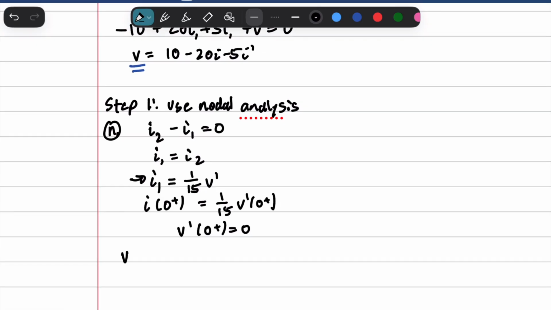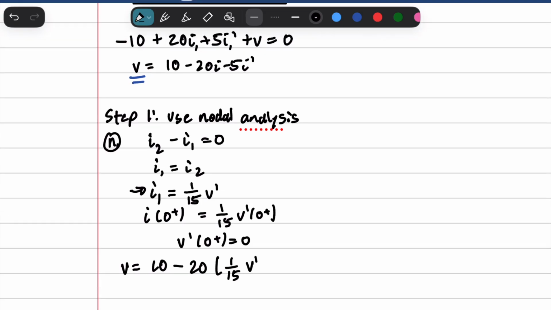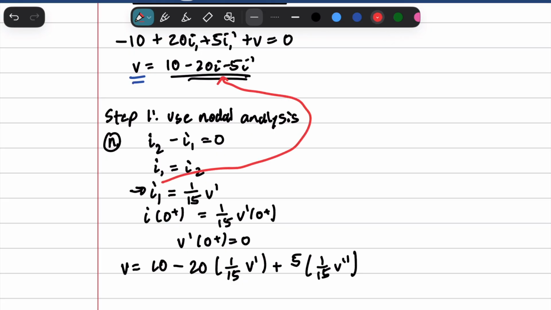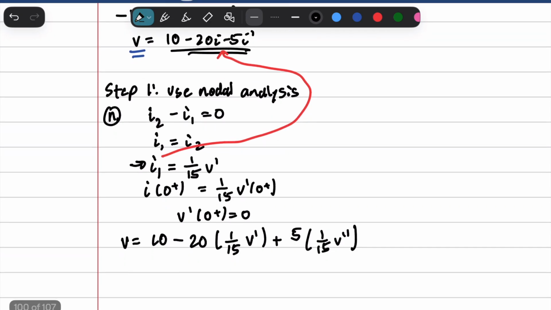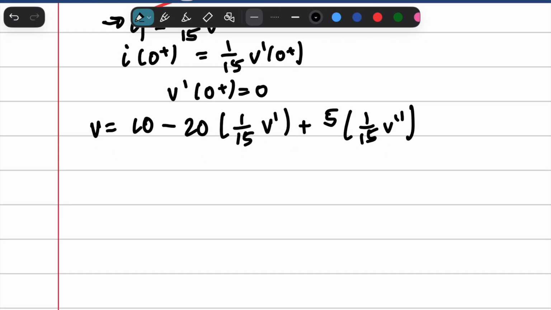And so we're going to say V is equal to 10 minus 20I, which is 1/15 V prime plus 5 times 1/15 V double prime, because we're putting it in here and it's been primed again, equals V, okay, because from here. So basically what we're doing is we're just plugging in this guy into here, right? Okay. And so now we actually have everything in terms of V prime.